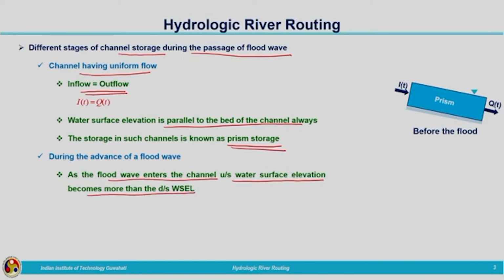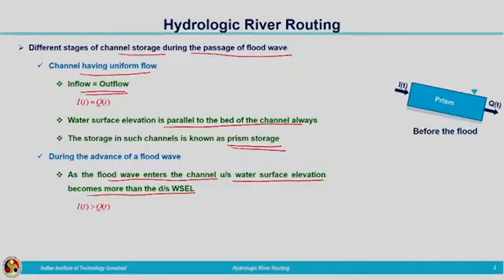That is, when the flood wave is entering at the upstream end, flood wave may be caused due to so many reasons that I am not going into now, but imagine the case with a flood wave entering into the river channel at the upstream end. At that time, the water surface elevation at the upstream end will be greater than that of the water surface elevation at the downstream end.